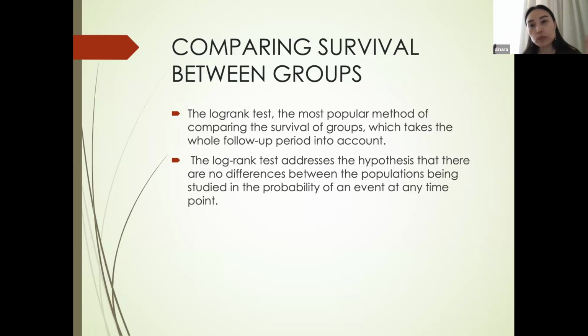Once we stratify by different groups, we can do statistical testing and test the hypothesis. Basically, the hypothesis is that there is no statistically significant difference in survival probabilities between two groups. And we test this hypothesis using the log-rank test, which takes into account the whole follow-up period, not just a specific time point.